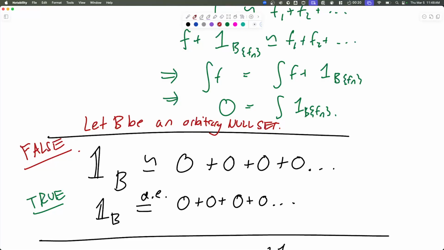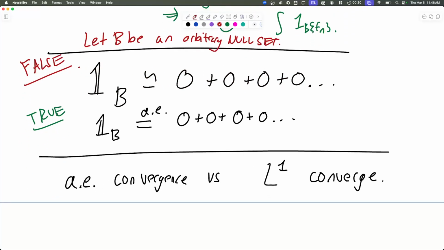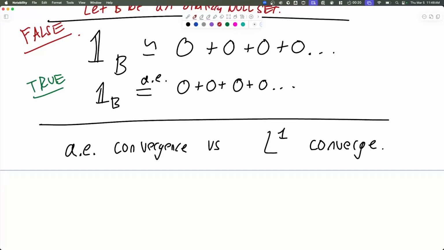Okay. So now we're going to talk about almost everywhere convergence versus L1 convergence. Almost everywhere we've talked about for a bit now. I'll remind you, L1 convergence means convergence as integrals. This is like what we were doing in chapter 1. The L1 norm of some function we know now is the integral of the absolute value.